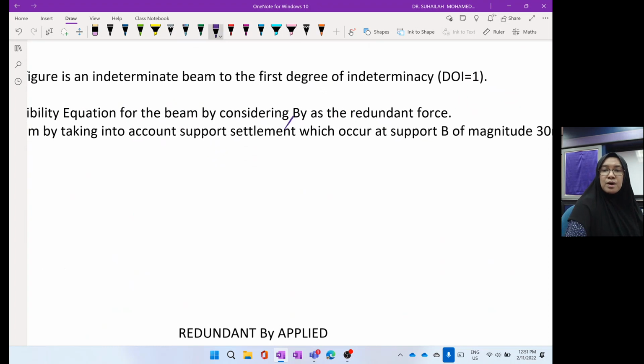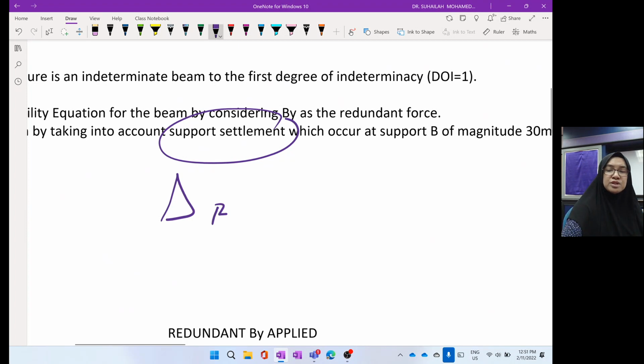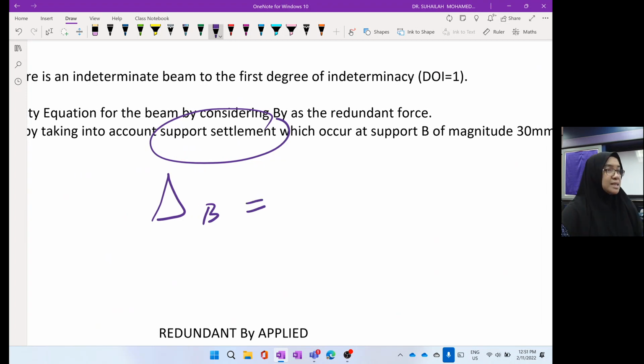Support settlement is delta, B position. It is 30 mm, equivalent to negative 0.03 meter.